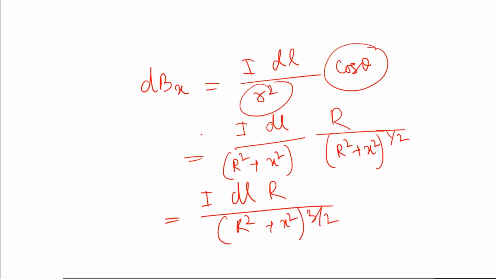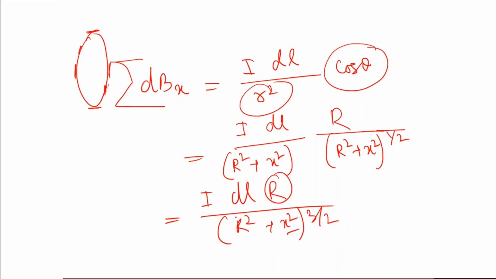Now if I want to calculate the magnetic field for the whole loop, then I can take all symmetrically opposite sides. Anything you take like this, you'll get all dBx, and sum them up. Just take the summation. R is fixed, x is fixed.